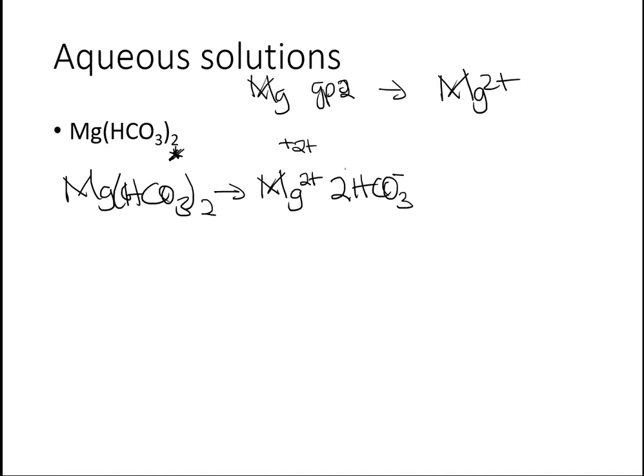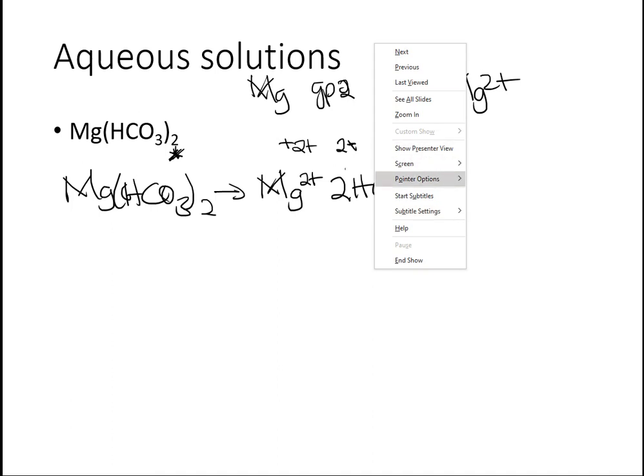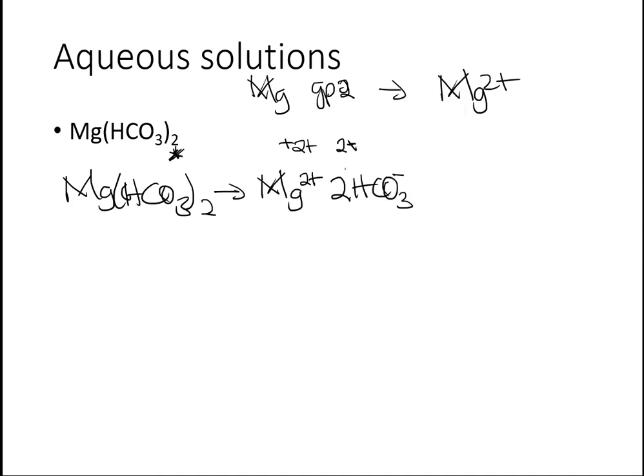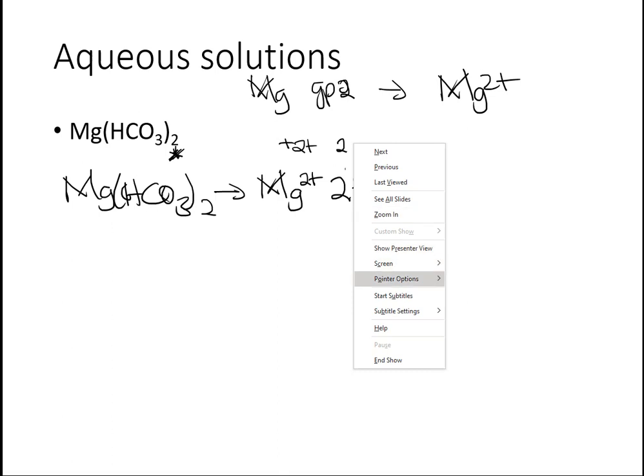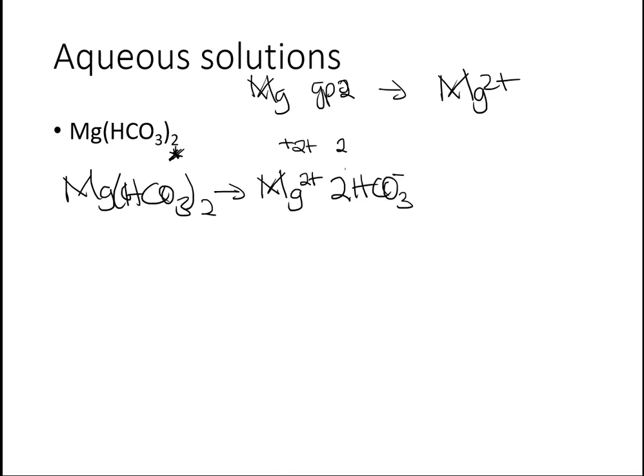So 2 times -1 makes a -2. So what we are saying is +2, -2 give you 0.